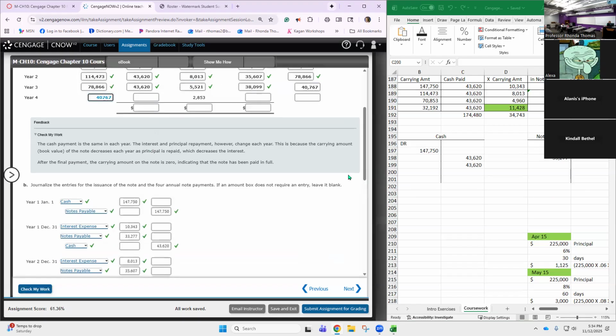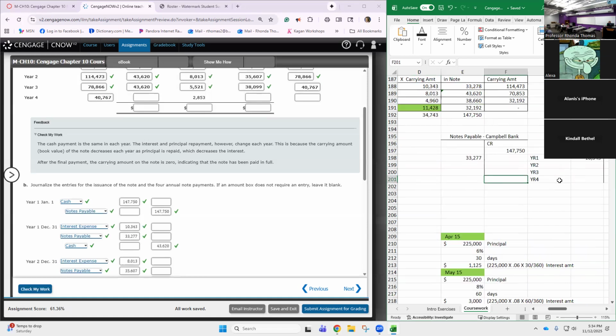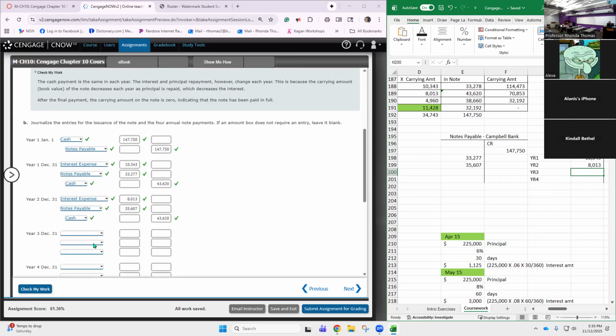Okay, let's go ahead and make our third payment. Down goes cash. Over here, I forgot to put this amount in. So year 2 was 35,607, and year 2's interest was 8,013. Now it's time to put the interest amount for year 4.